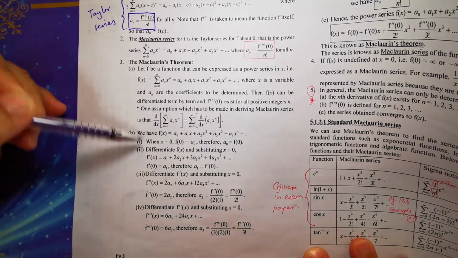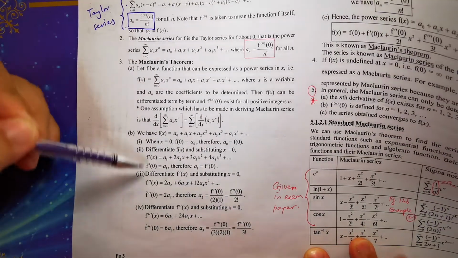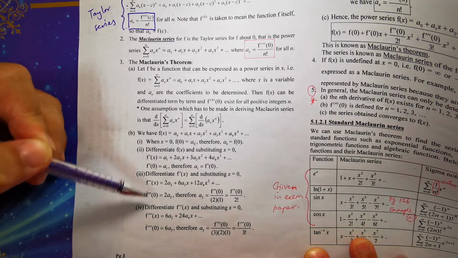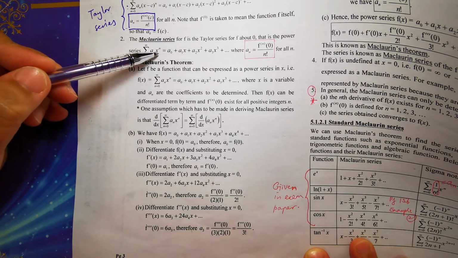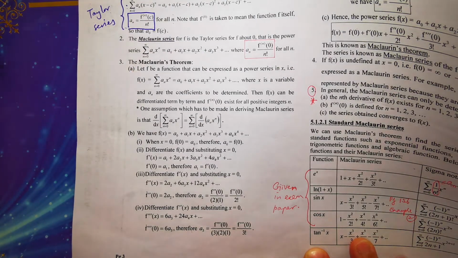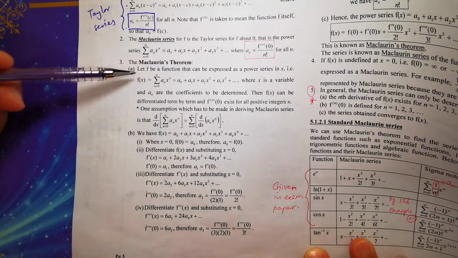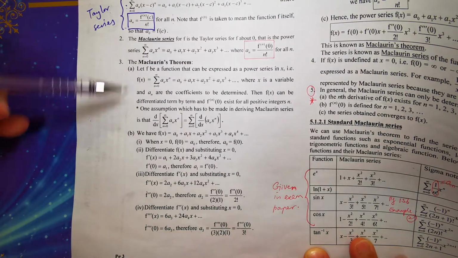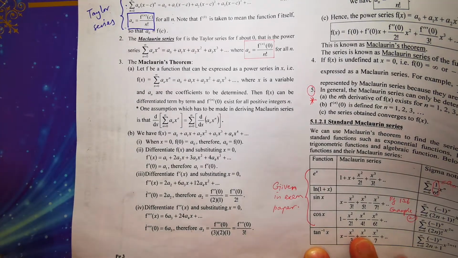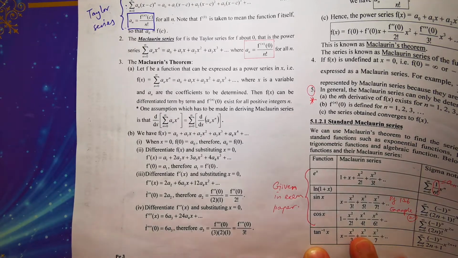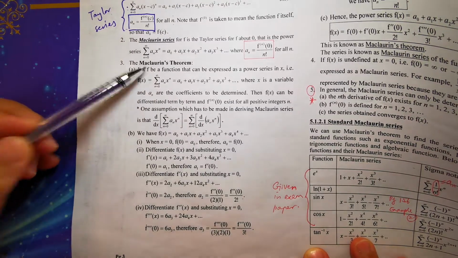The concept and the steps that we use, by using this Maclaurin series to form the series of a function, we call this Maclaurin's theorem. Series is one thing; theorem is a set of steps that we have to go through so that we can get the series of any function.